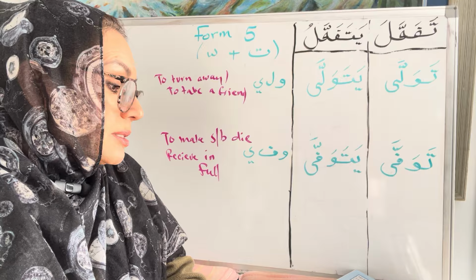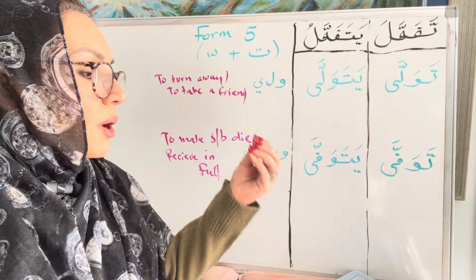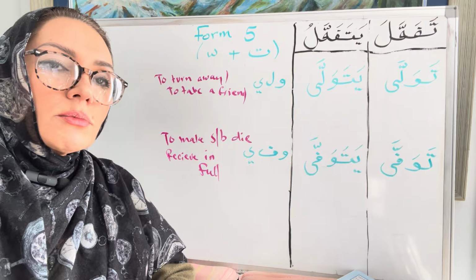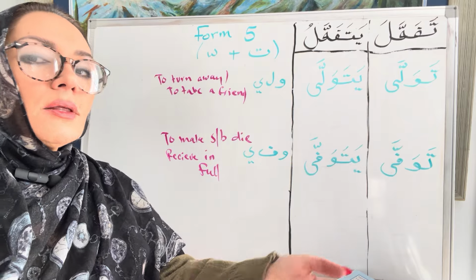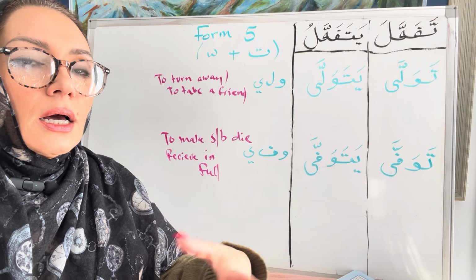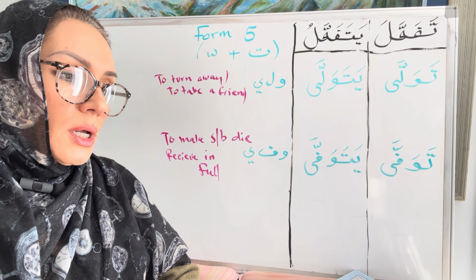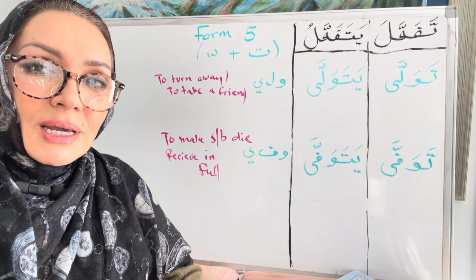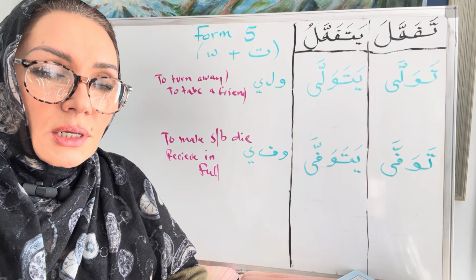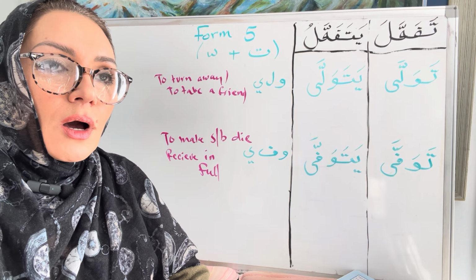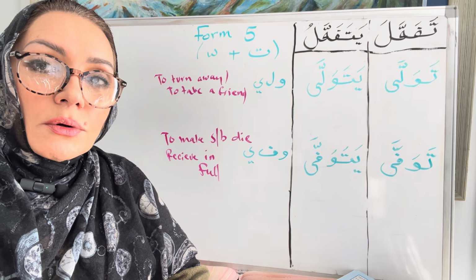So my point was that even if you're having difficulty with all of these other forms, anything above form 1, which is understandable, if you can at least know the basics, remember we talked about the 6 basic patterns that we learned in the beginning of the basic 3-letter root verbs.